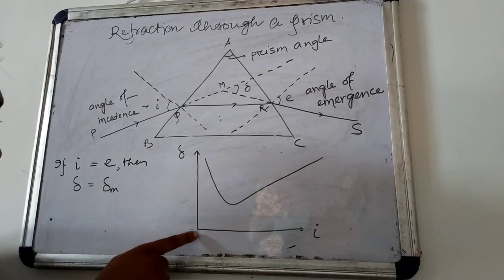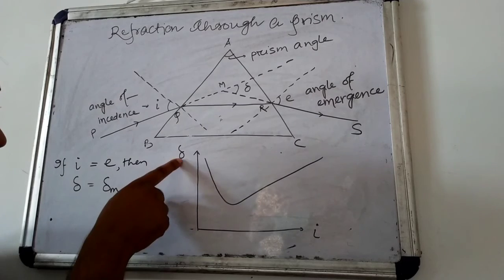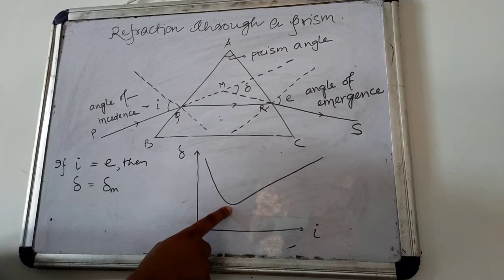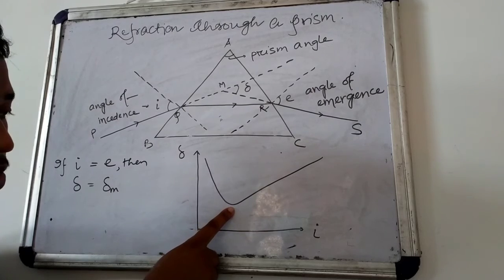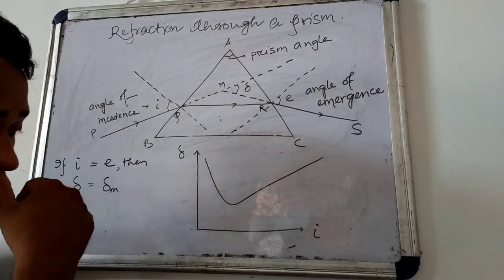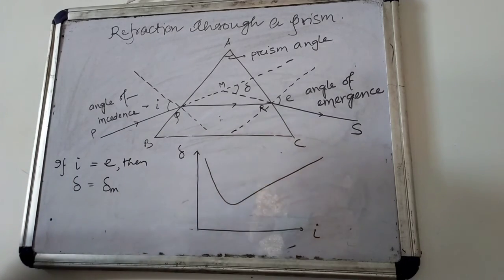Okay. Now if we continue to increase the angle of incidence, the angle of deviation will attain a minimum value. And after attaining that minimum value, if we increase the angle of incidence again, then what will happen? This angle of deviation will increase again.